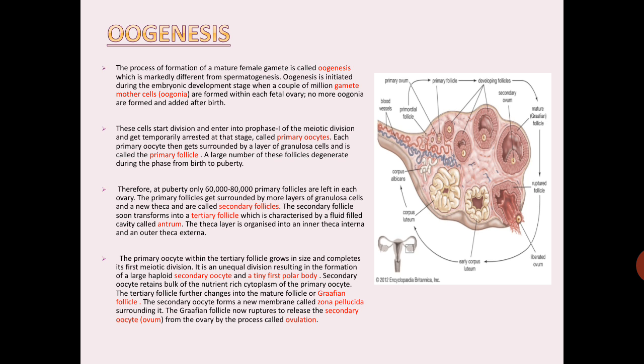The tertiary follicle further changes into the mature follicle or Graafian follicle. Now this Graafian follicle will rupture and release the secondary oocyte or the ovum. In this way the ovum is formed, and the process is called ovulation. So that is about ovulation.